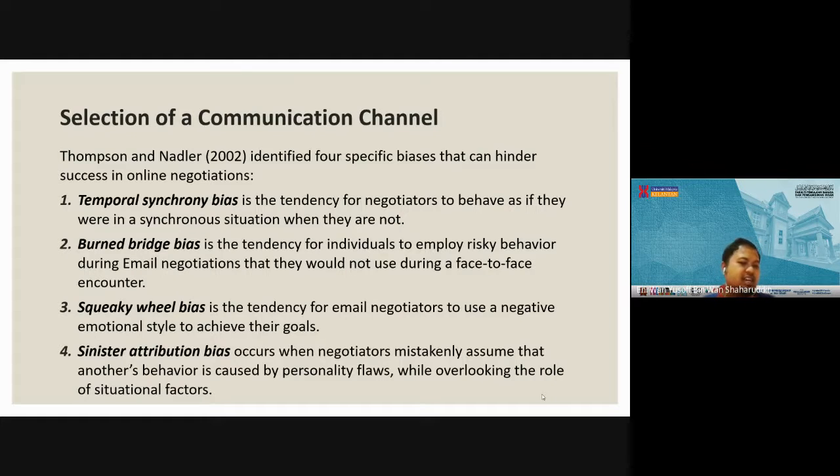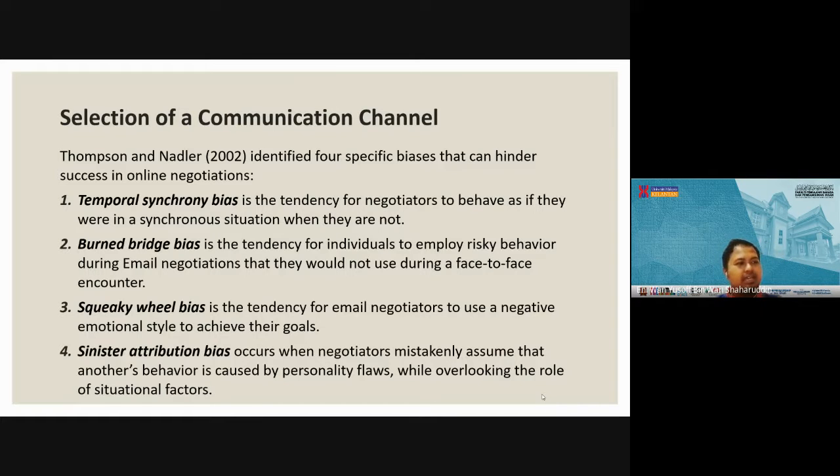And then sinister attribution bias, which occurs when negotiators mistakenly assume that another's behavior is caused by personality flaws while overlooking the role of situational factors. So we tend to think that the other person is acting in a way because he is like that.